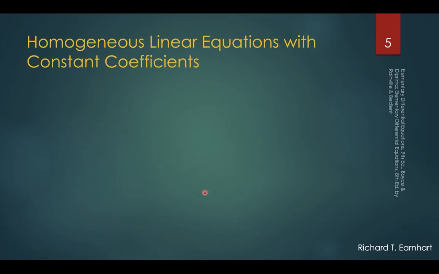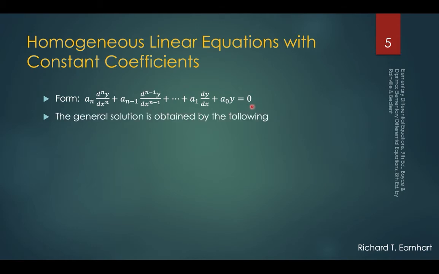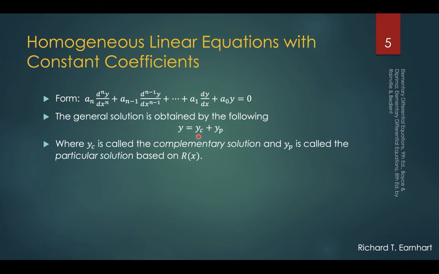Let us consider solutions to homogeneous linear equations with constant coefficients. Okay, so the right hand side is equal to 0. The general solution is obtained by this equation, y is equal to y sub c plus y sub p.